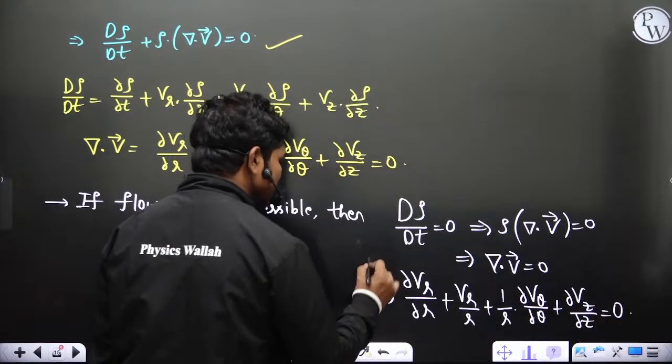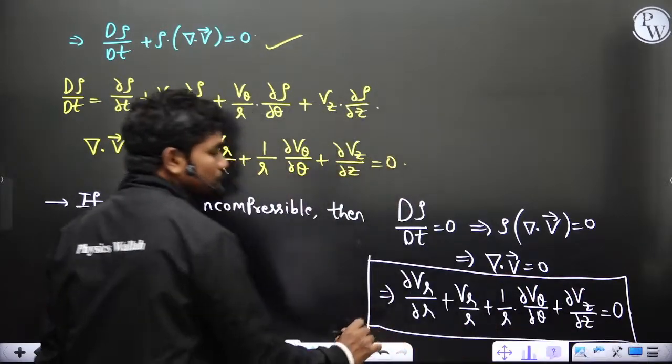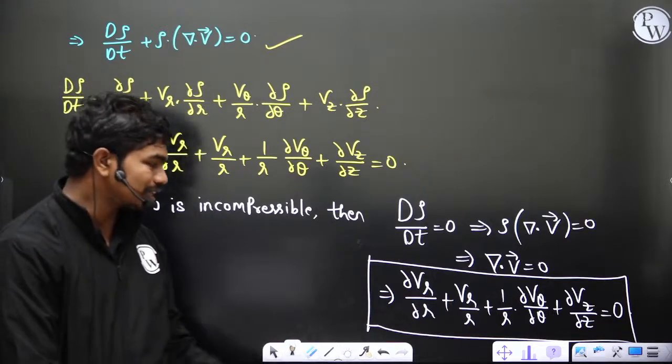This is the continuity equation for incompressible flow in polar coordinates. So is this clear to all of you?